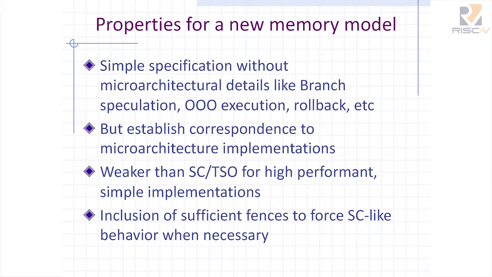The definition should not contain that, but the implementation should support all that. Also, we want to be weaker than sequential consistency and TSO for performance reasons, in order to achieve high performance using simple implementations, which is the RISC V philosophy. And finally, we want to come up with the right kind of fences to get back sequentially consistent behavior when necessary.